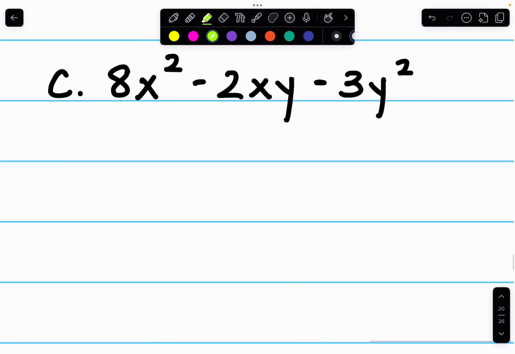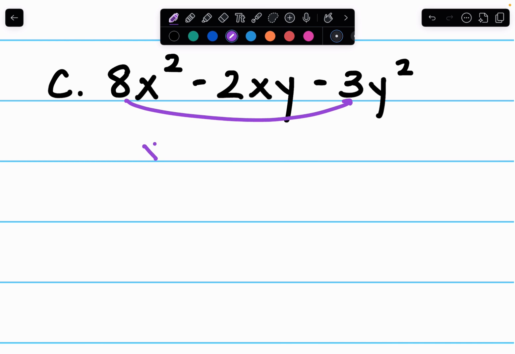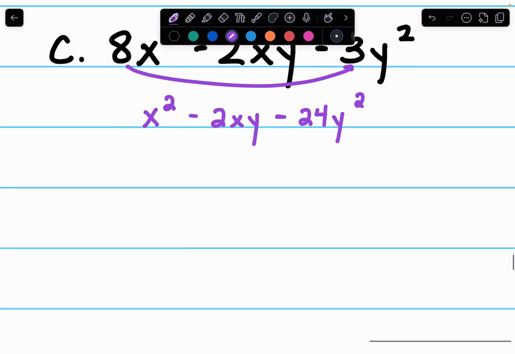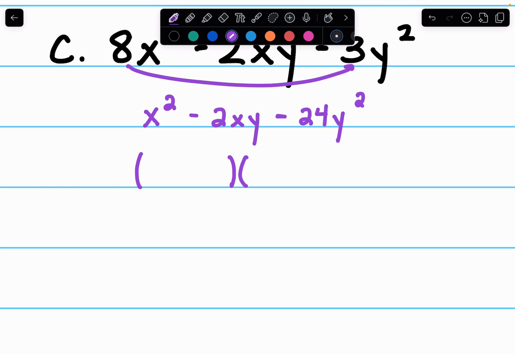This one, we're going to do it the same way. Multiply x squared minus 2xy minus 24y squared. Factor the easy trinomial. Different signs.